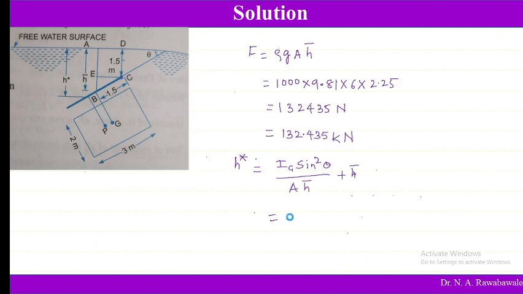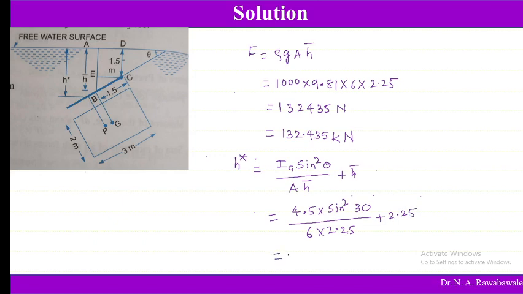Now we have obtained Ig value, that is 4.5 into sine square 30 divided by area is 6 meter square, into H bar just we have obtained is 2.25, plus 2.25.